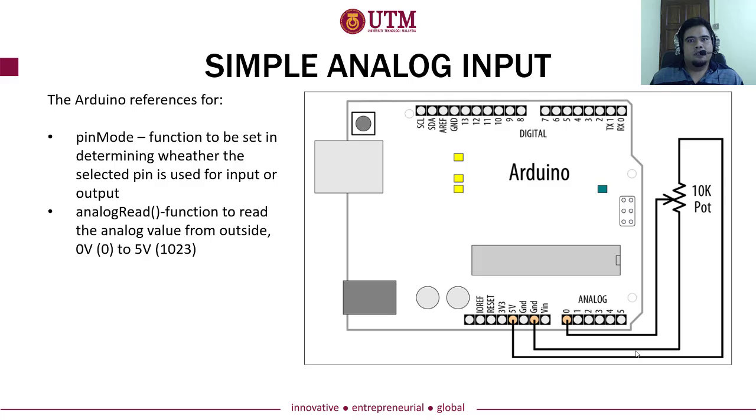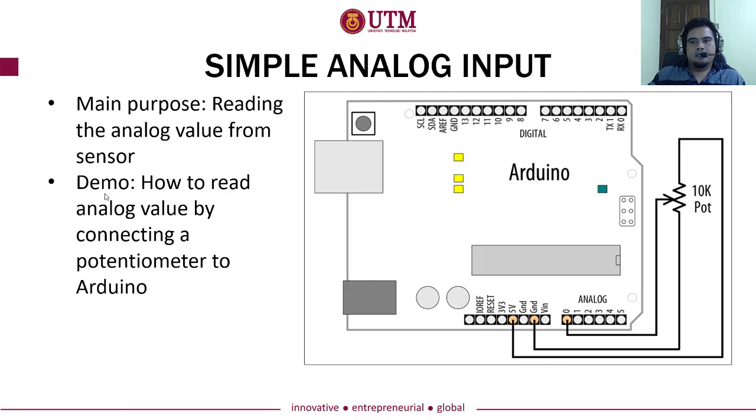The functions you need to be familiar with in order to operate this analog input are, again, pinMode, which we set so that the port becomes an input pin. And then you also need to use the function called analogRead, which is almost similar to digitalRead.